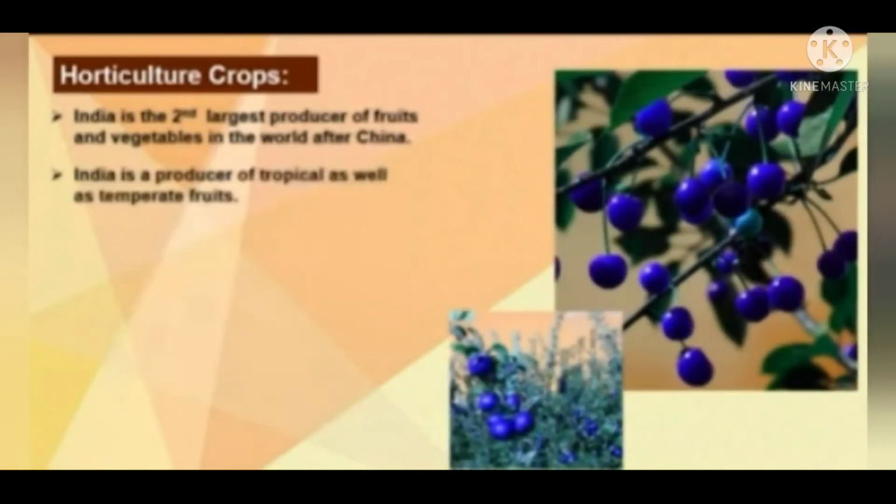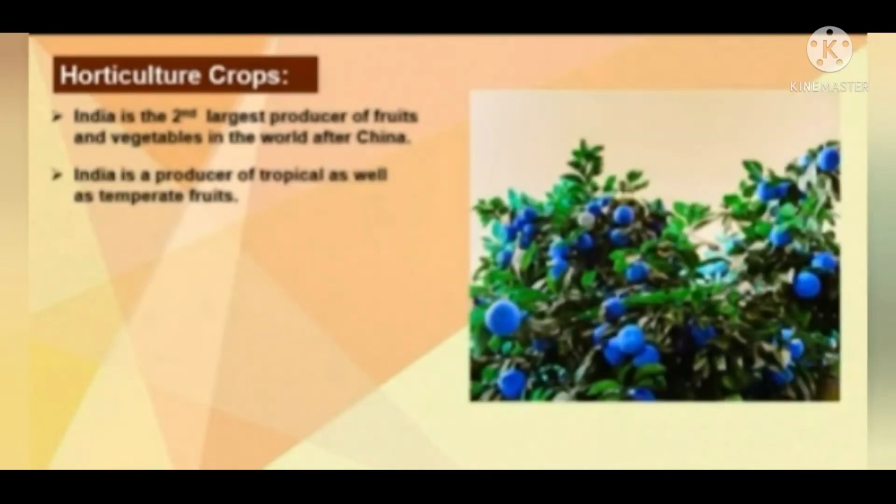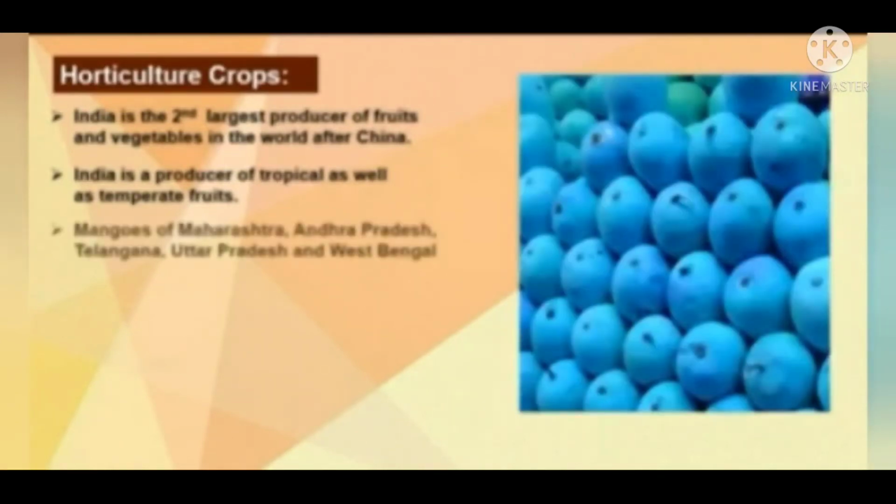India is a producer of tropical as well as temperate fruits because the southern half is tropical and the northern part is temperate. If I say fruits in India, we have mangoes of Maharashtra, Andhra Pradesh, Telangana, Uttar Pradesh and West Bengal.